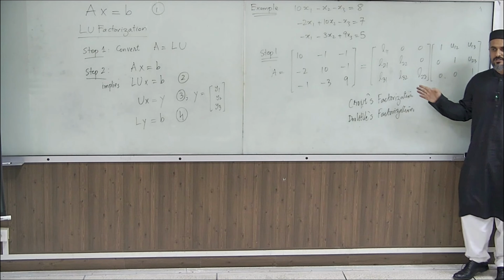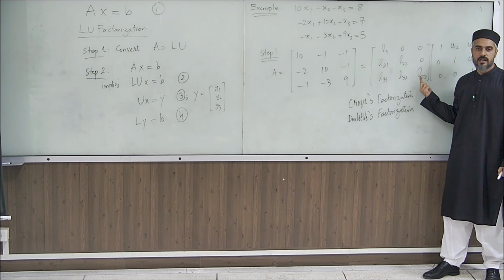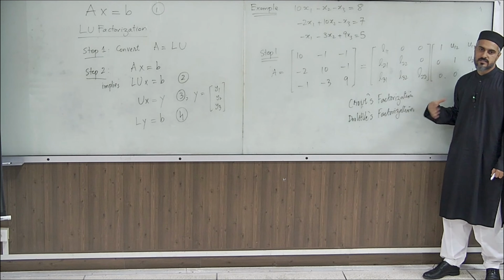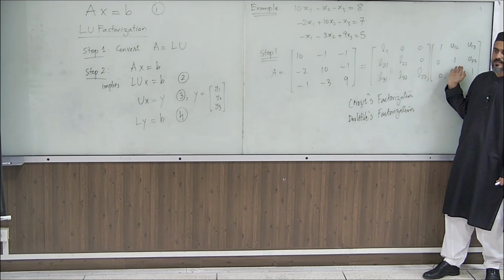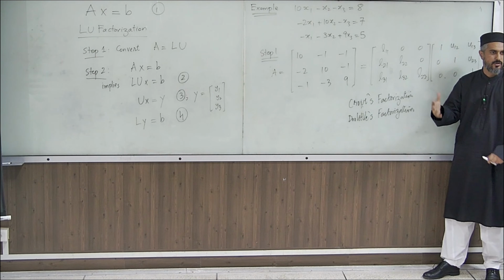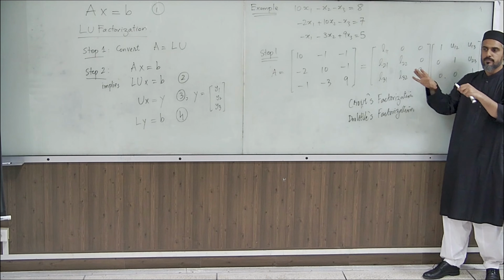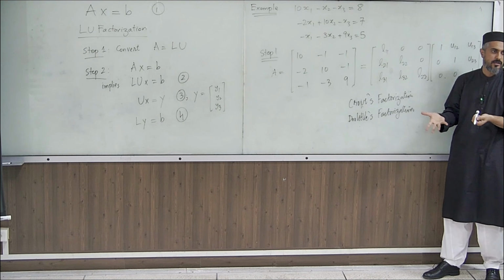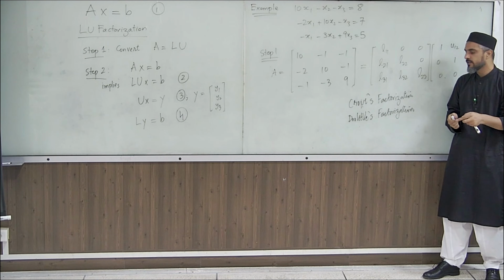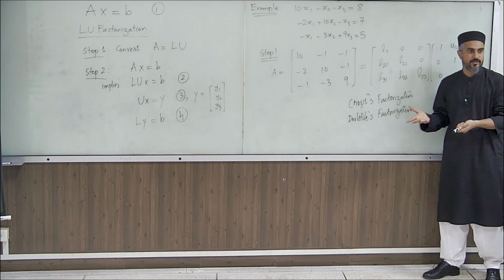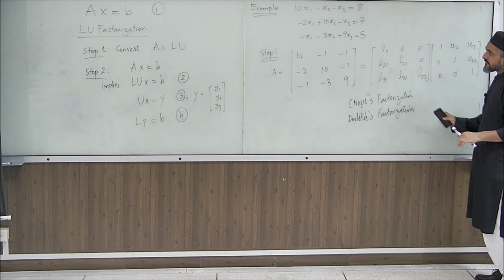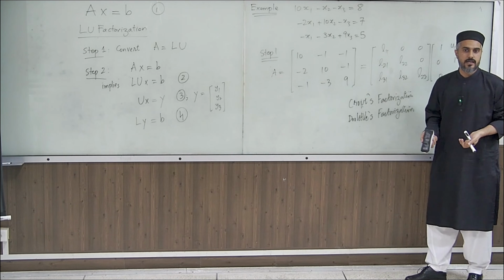So if you just take the lower diagonal elements as 1, it's a Crout factorization, otherwise it's a Doolittle factorization. We know the procedure, these are just the names. So this is a traditional LU factorization.